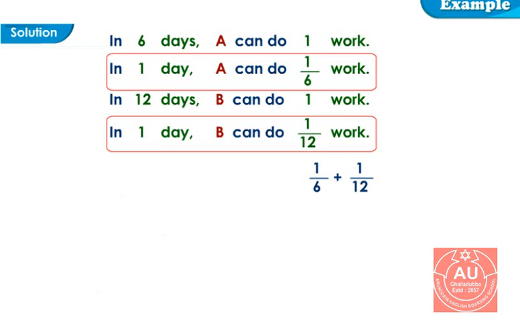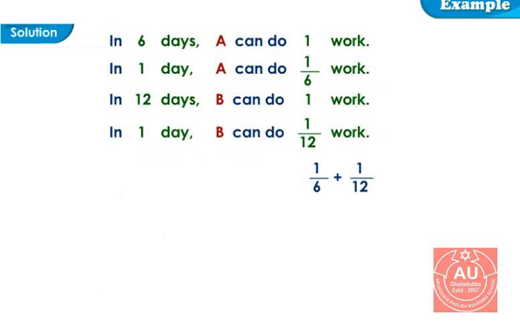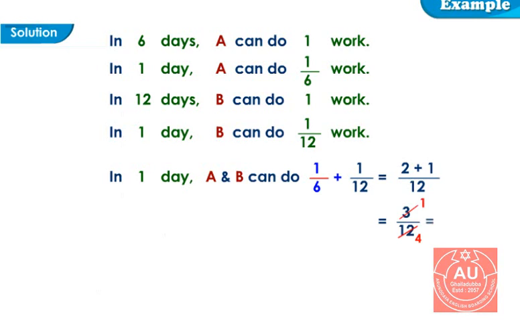Therefore, together A and B can do their work in 1 by 6 plus 1 by 12. Now, A and B together they can do their work in one day is equal to 1 by 6 plus 1 by 12. It means 2 plus 1 by 12 is equal to 3 by 12. That means 1 by 4 work.